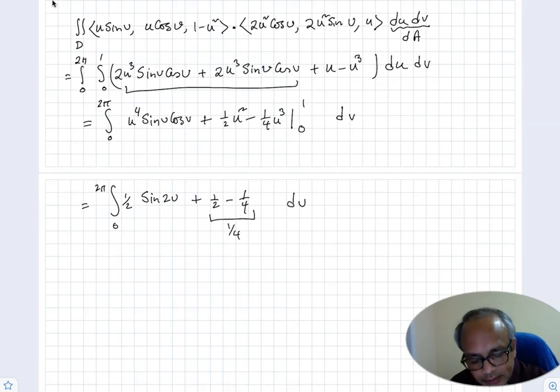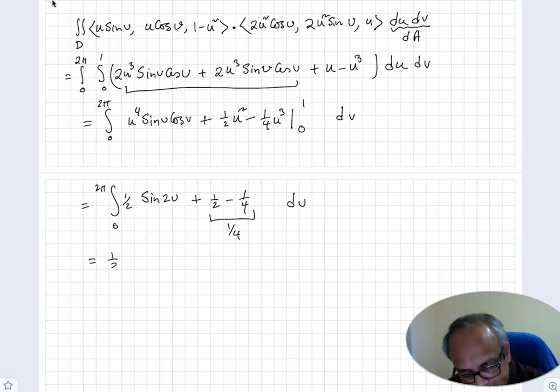And you can think of that this is an integration of sine 2v from 0 to 2 pi. So that might be 0, because if you think of the calculus, integral from minus a to plus a of f(x) dx, f(x) is an even or odd function and what happens, but it does not hurt for you to just simply calculate that.